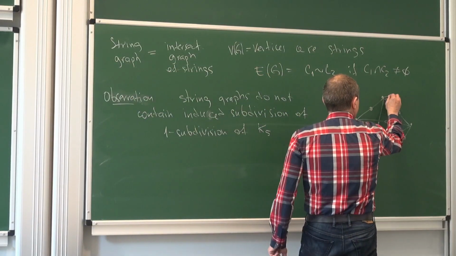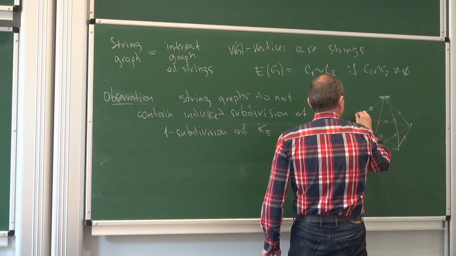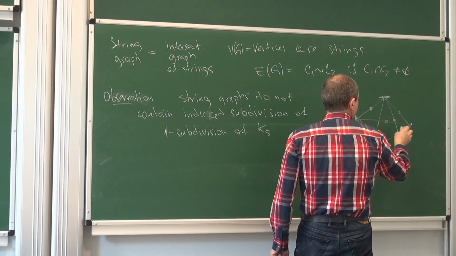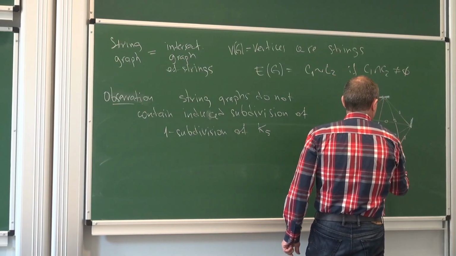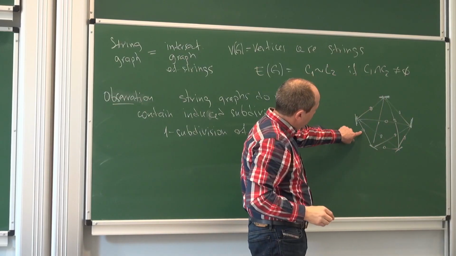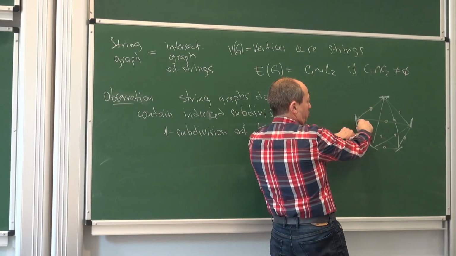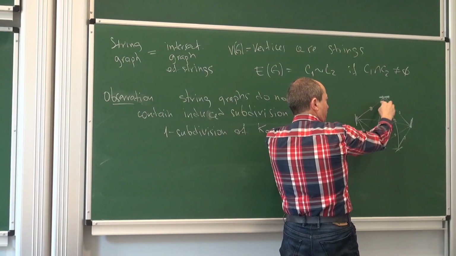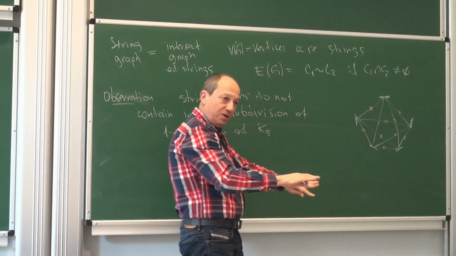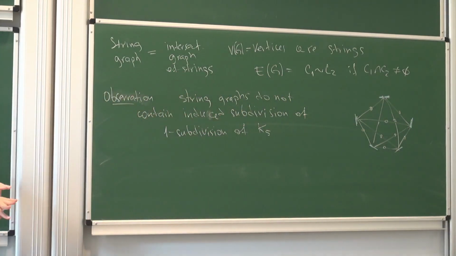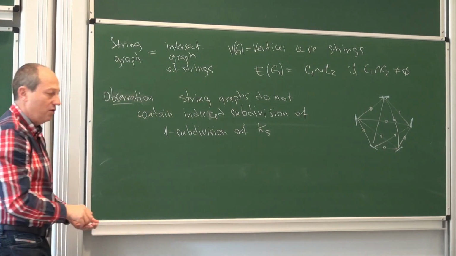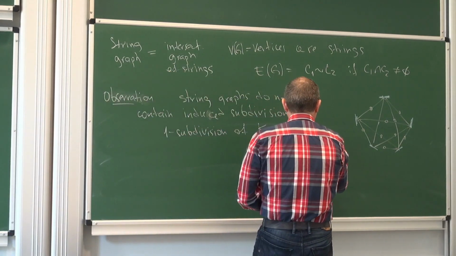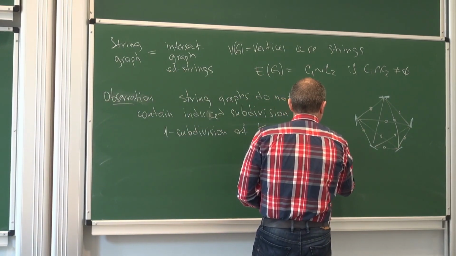So imagine this would have been a curve, this would have been a curve, and so on. Then this point is also a curve which should intersect these two. This point corresponds to a curve which intersects these two, and so on. And because it's induced, no other intersections are possible, right? So this follows from the fact that K5 is not planar.